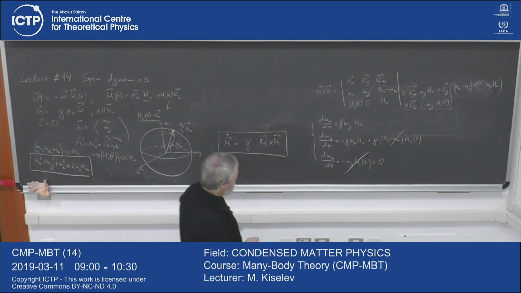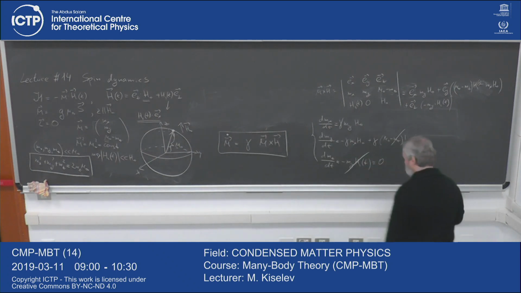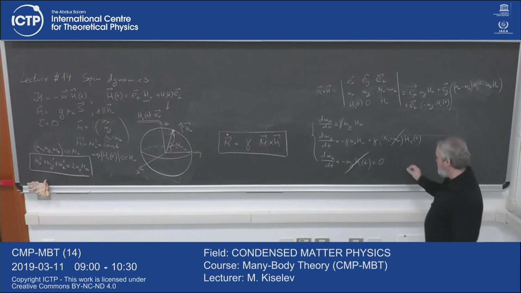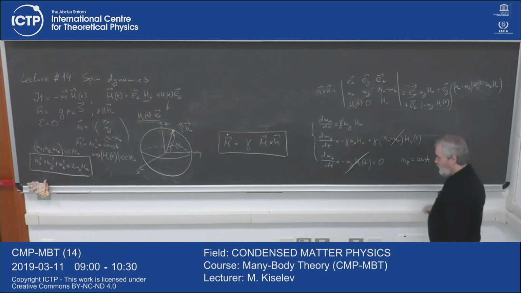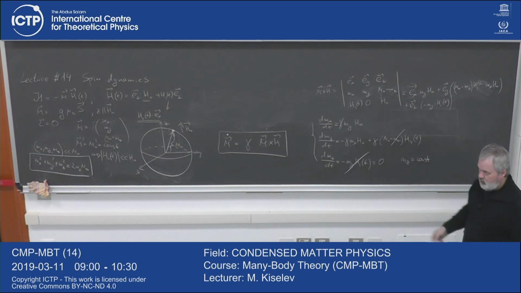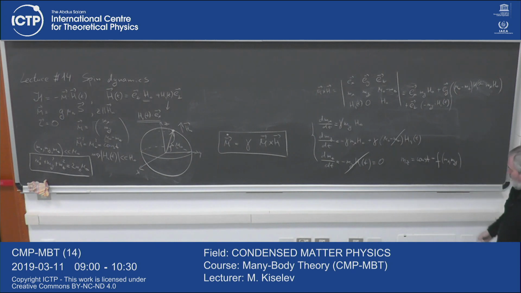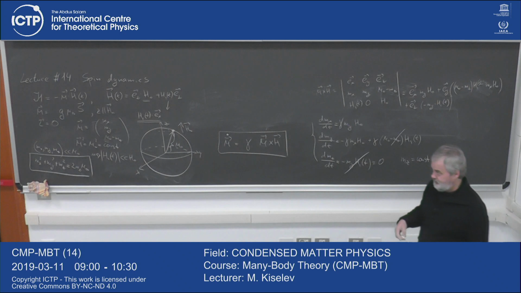Let me start with equation 3. Since dmz over dt is equal to 0, therefore mz is a constant. However, using this nonlinear condition, this is some function of mx and my. And actually the condition that this function is a function of mx and my will define some trajectory on a sphere.